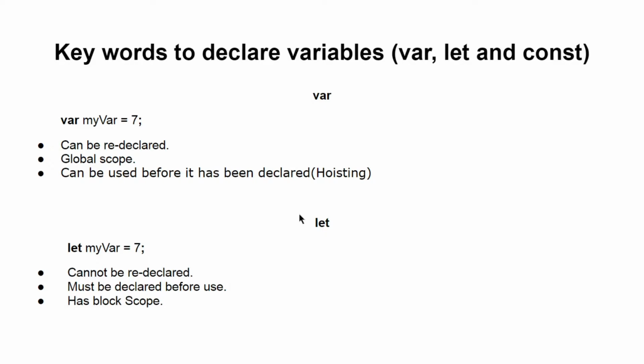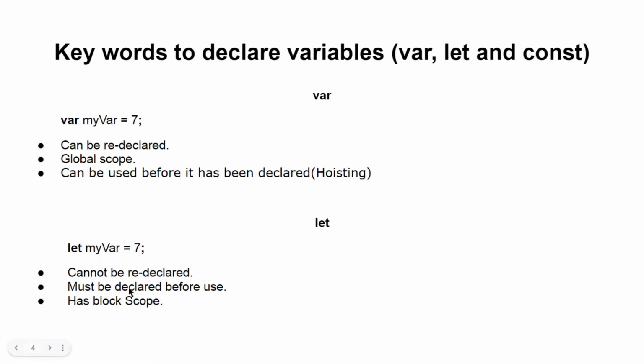Okay, the second keyword is let. This example is let, the name of the variable and the value. And when you use this kind of variable, you have this behavior. The variable cannot be redeclared. That's good.